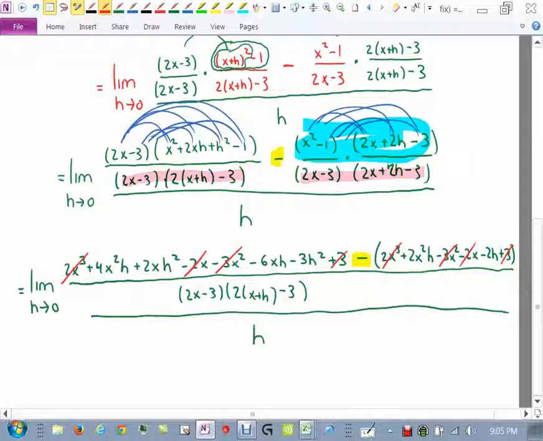What we should be left with is limit h goes to 0 of, let's see, 2x squared h plus 2xh squared minus 6xh minus 3h squared plus 2h all over our common denominator.